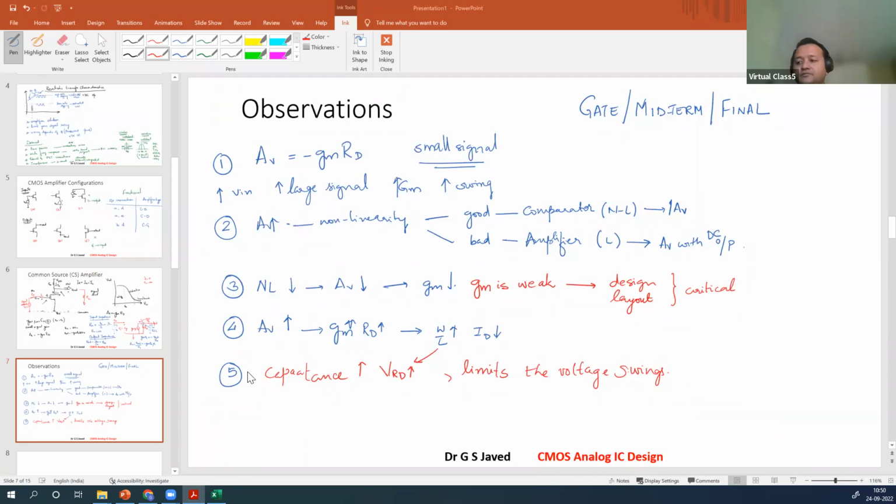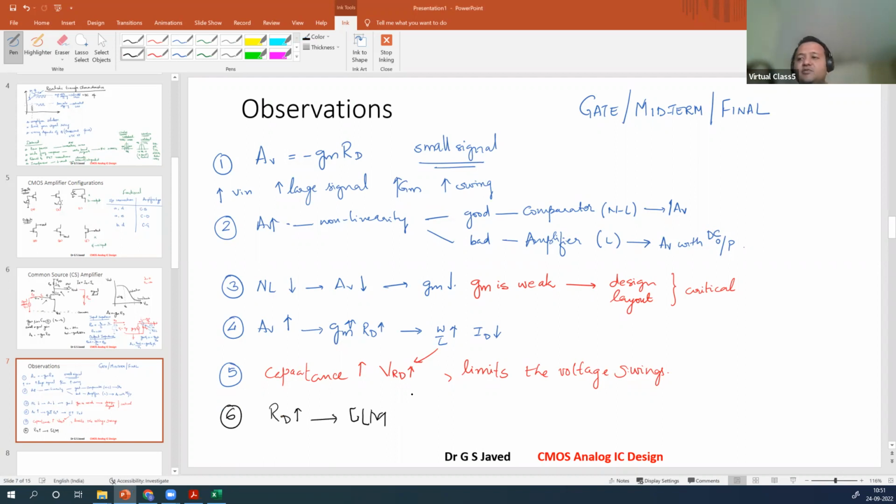In addition, what happens when you randomly increase RD, saying you want to get a very high gain? What happens when you increase RD? You will see channel length modulation come into the picture.